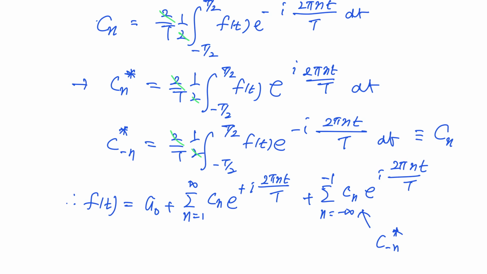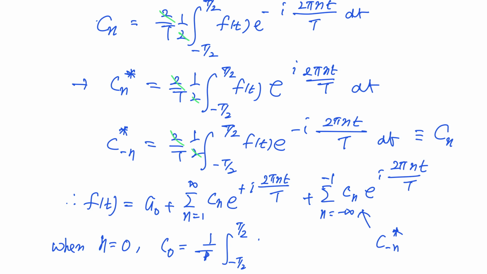So when n is equal to 0, C0 is what? 1 over T integral from minus T over 2 to T over 2, exponential 0 is 1, right?